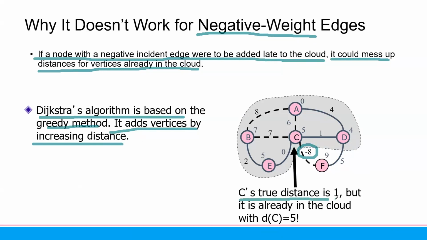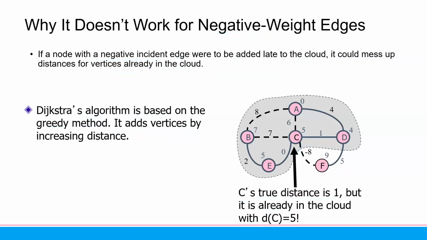C's true distance is 1. But it is already in the cloud with the D distance of C equal to 5. So if you check this one, A to C, it is 6.